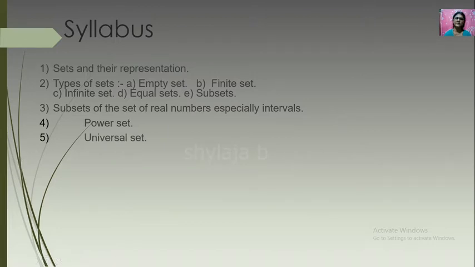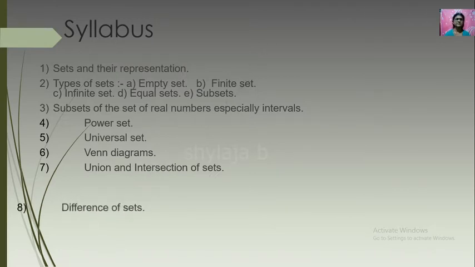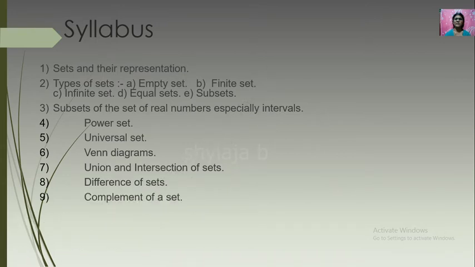Fifth, universal set. Sixth, Venn diagram. Seventh, union and intersection of sets. Eighth one is difference of sets. Ninth is complement of a set. Tenth one is properties of sets. Now, this is the syllabus of the first PUC maths in the chapter sets.